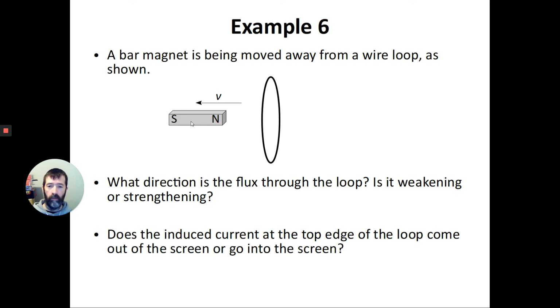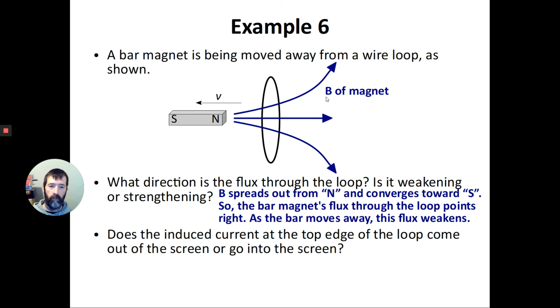But as long as we're in this space out here, the field from the North Pole is going to be going to the right. It also spreads out or weakens as you get further away from the magnet. So if we drag the magnet away from the loop, the field is going to be getting weaker. So the flux is decreasing. Points to the right, but it's decreasing in strength.